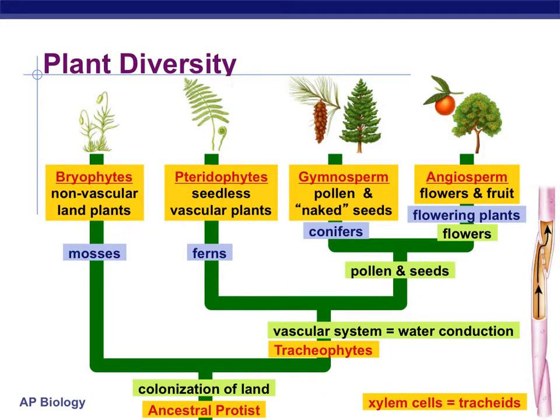I think this is a pretty important slide, and first thing to note is that you are not going to be responsible for knowing the specific names or categories of these plants necessarily.